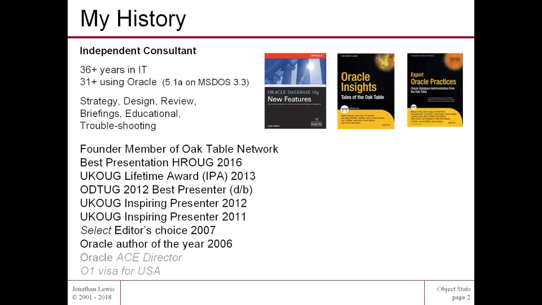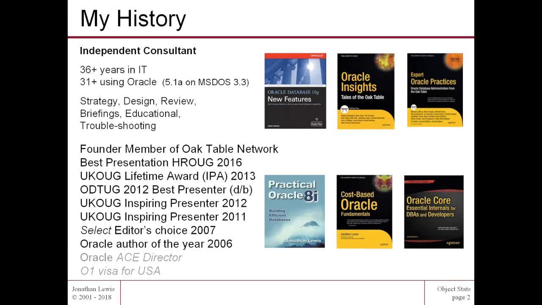Books which I've contributed to, books which I've been the sole author of. And of course, the CBO book sitting in the middle is now about 12 or 13 years old. I'd really like to update it, but there's just so much one could write nowadays. It's basically impossible to do a good job, I think.